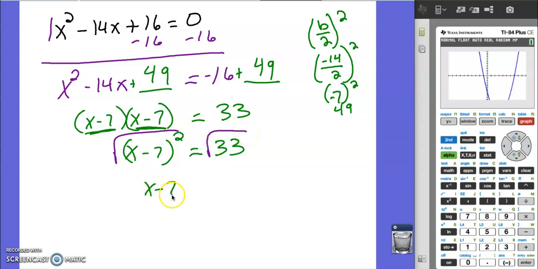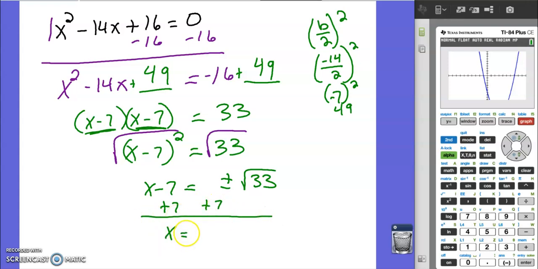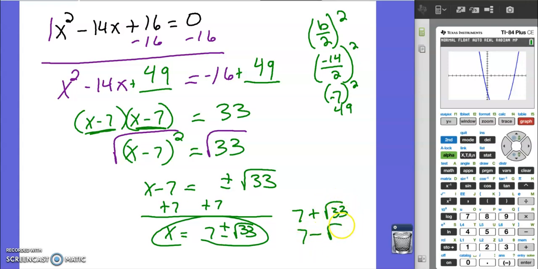And then you have x minus 7 equals plus or minus the square root of 33. And then you're going to add 7 to both sides. So the exact answer is this right here. If you're typing this into Delta Math or some other program, this would be 7 plus the square root of 33, and then 7 minus the square root of 33.